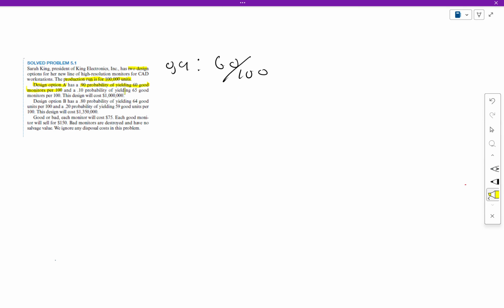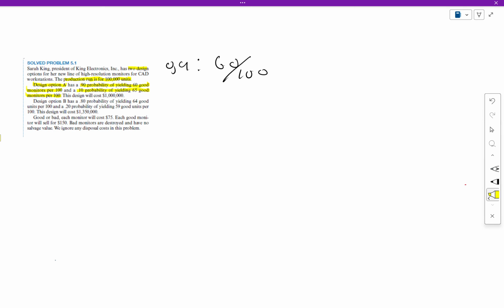Then they come back and give us the probability of the remainder, which is the 0.10, which yields good, okay, and a 0.9 probability yield of 65, and it's still good monitors.